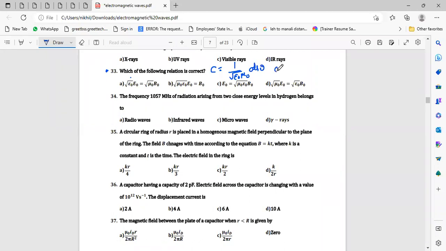Also, C is equal to E naught divided by B naught. So you can do the cross multiplication, right? E naught is equal to C times B naught. What is C? 1 divided by root epsilon naught into mu naught, into B naught.